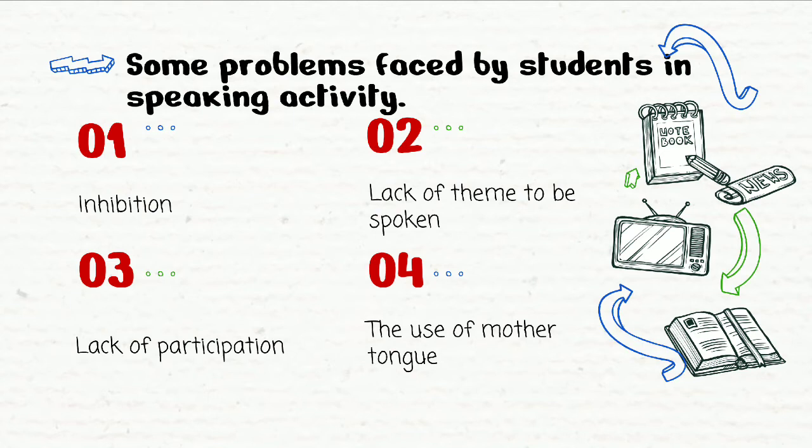Number three is lack of participation. In a large group of people or in a certain situation that includes some people, such as in the classroom, at least only one person speaks while others are just listeners dominantly. Number four is the use of mother tongue. The learners usually say something in the mother tongue.